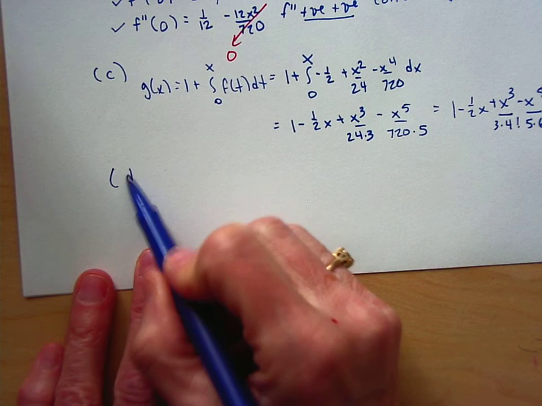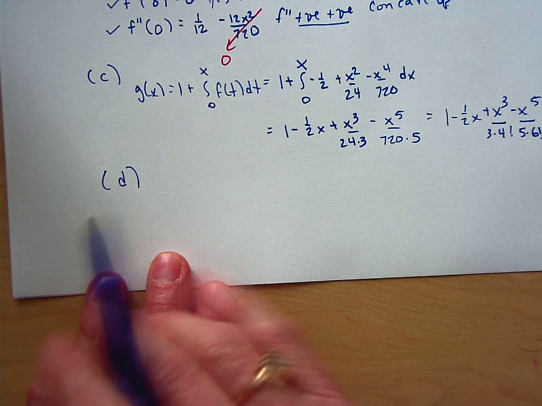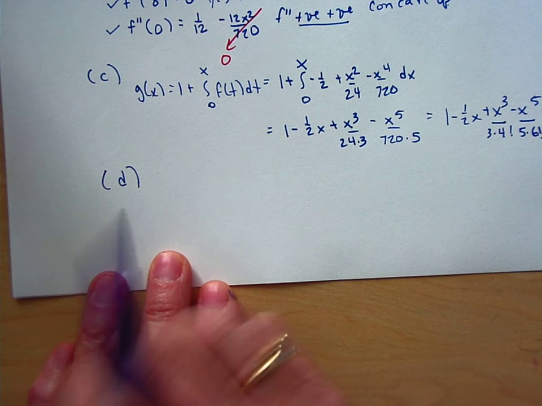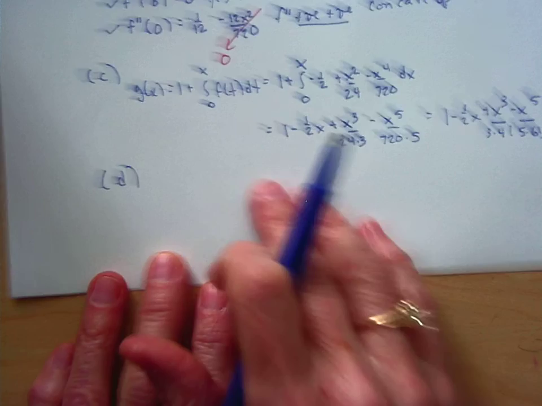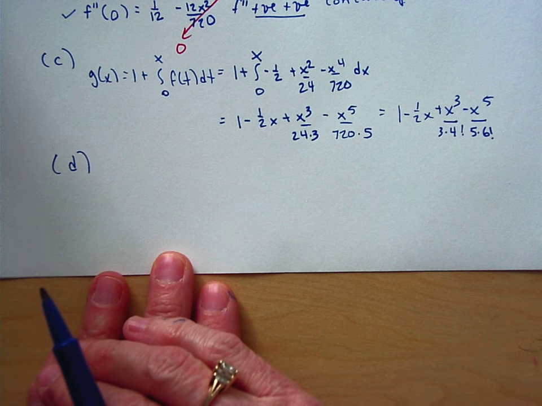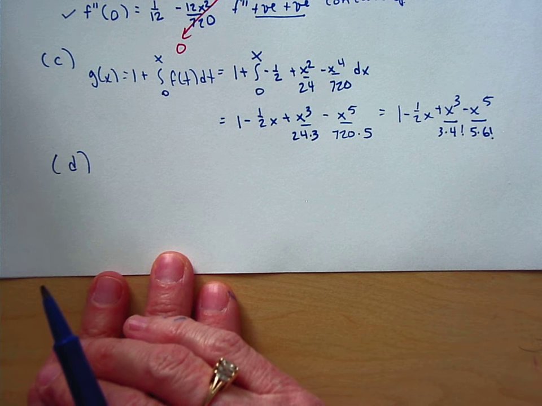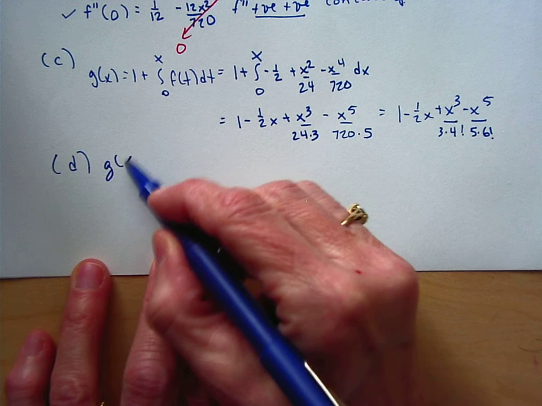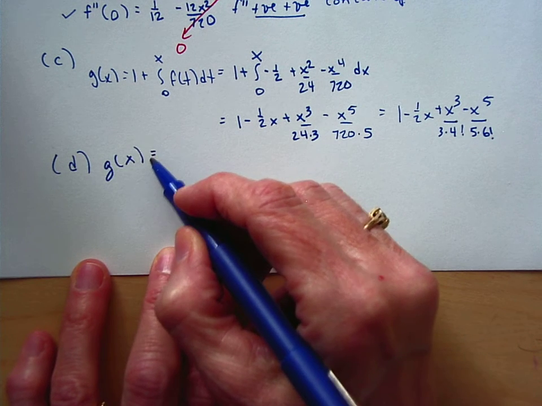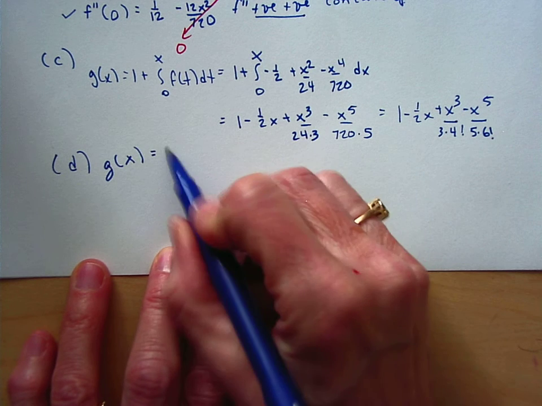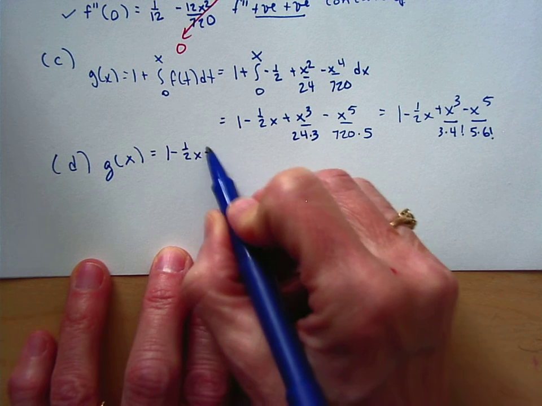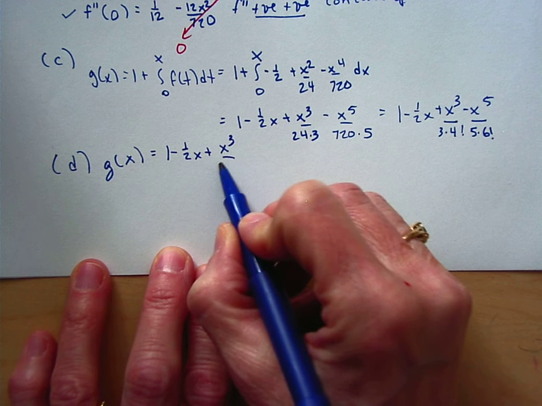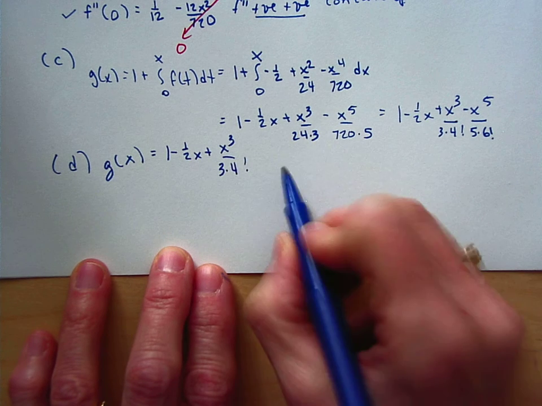And finally, for D, the Taylor series evaluated at 1 is an alternating series with individual terms that decrease in absolute value. Use the 3rd degree Taylor polynomial for g to estimate the value of g of 1. Explain why this estimate differs from the actual value of g of 1 by less than a half. So g of x is the first few terms, like it says: 1 minus 1/2 x plus x cubed over 3 times 4 factorial.